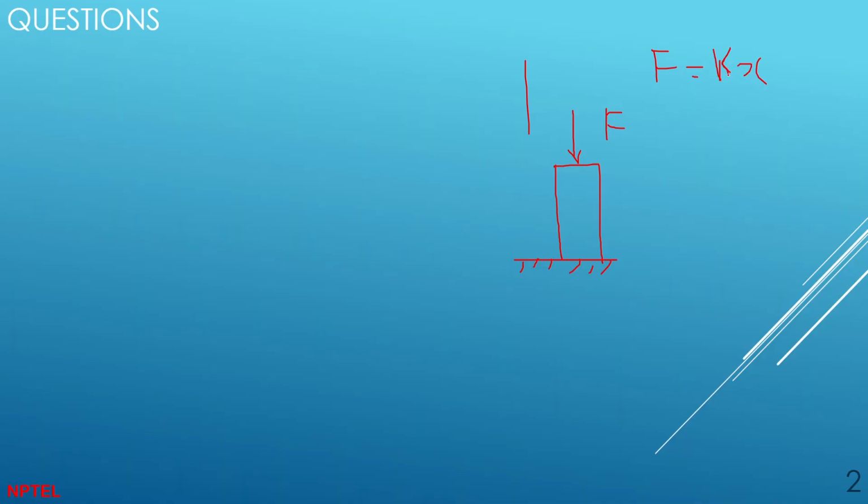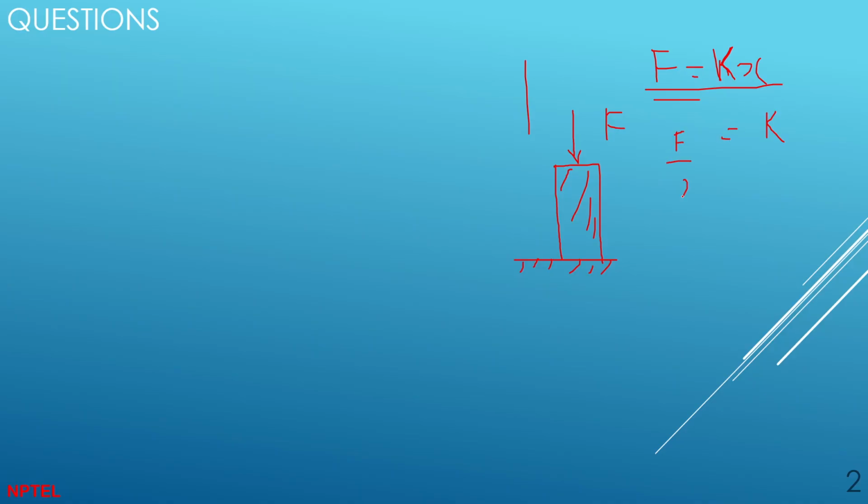This is Hooke's law. So if you apply some kind of force F, K is the stiffness of that material. So K is equal to F by X.